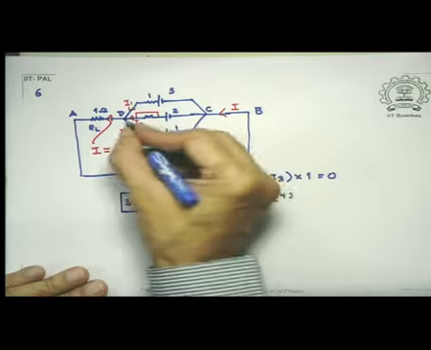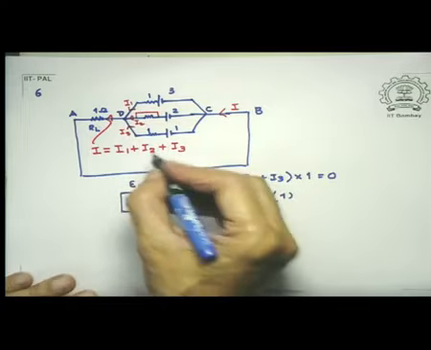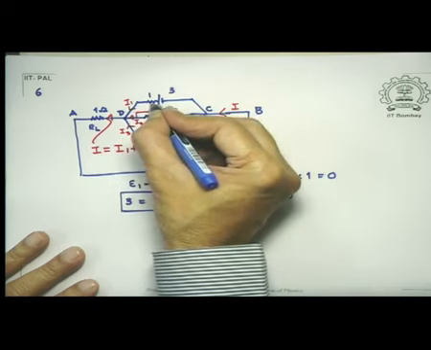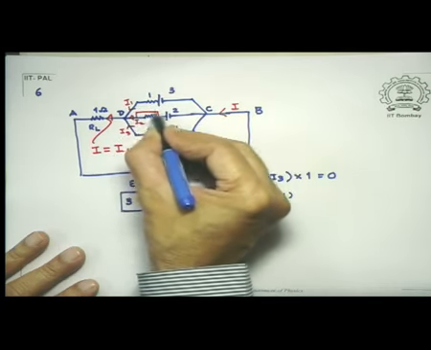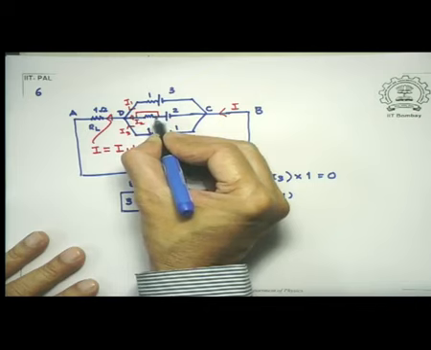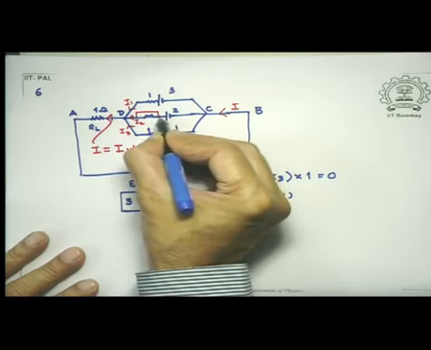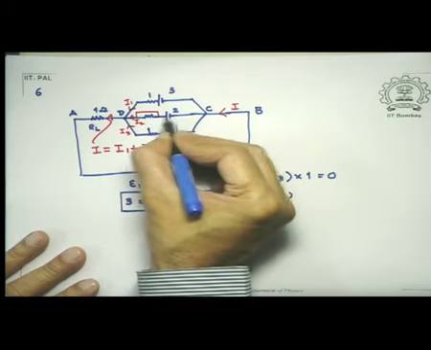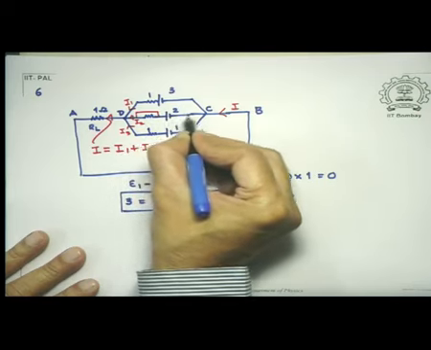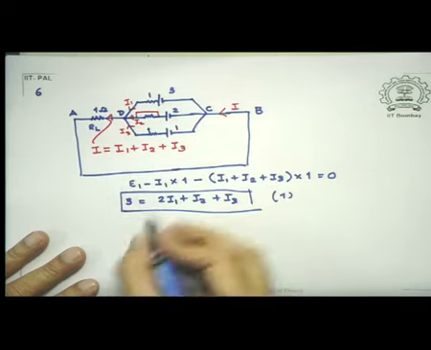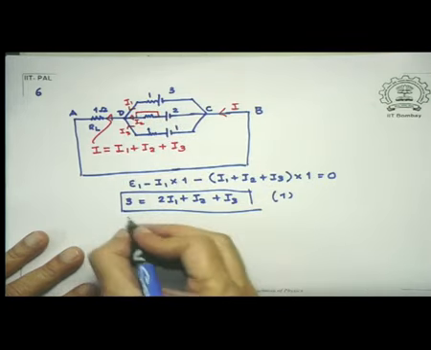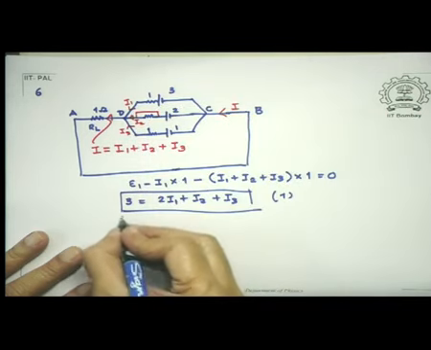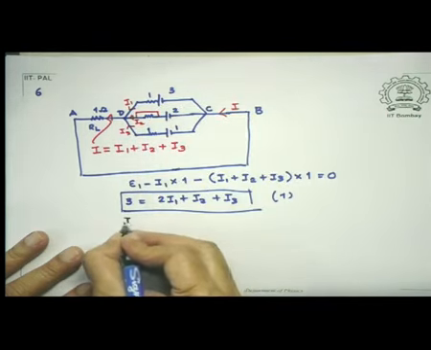Within this loop, for example, I have I1 into 1, and then I travel through this red section, there is no resistance, and pick up the voltage 2, but this time it is subtracted because I am going from positive to negative, and then return back there. That immediately solves for I1.